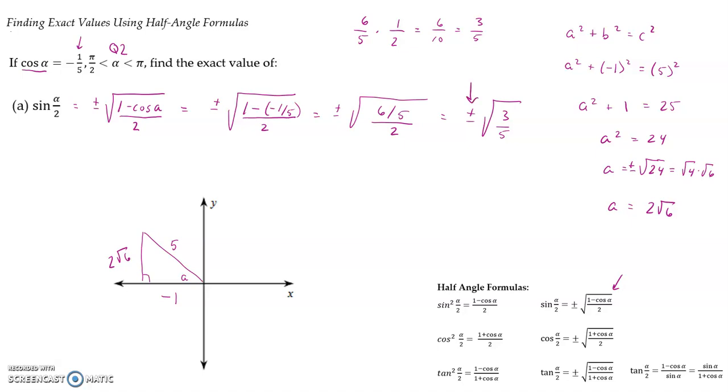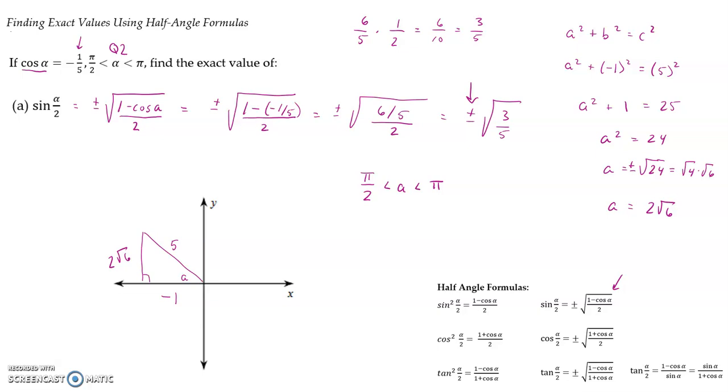And now we want to go ahead and deal with our plus-minus piece. That's going to go back to information that we were given with regard to the quadrant that we were in. So keep in mind, our value for A is between pi over 2 and pi.